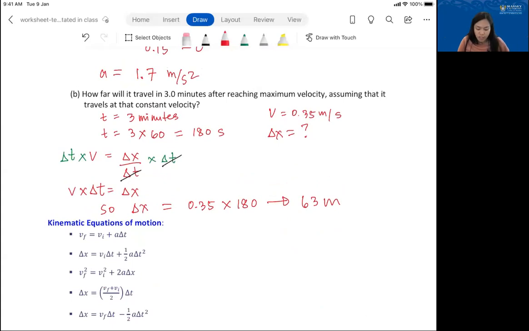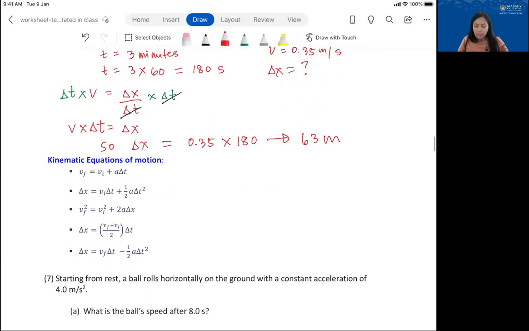But I would suggest, before going to kinematic equations, try to see if you can answer the question just using the definitions for velocity being equal to change in position over change in time or time interval, and the definition for acceleration, where acceleration equals change in velocity over change in time.